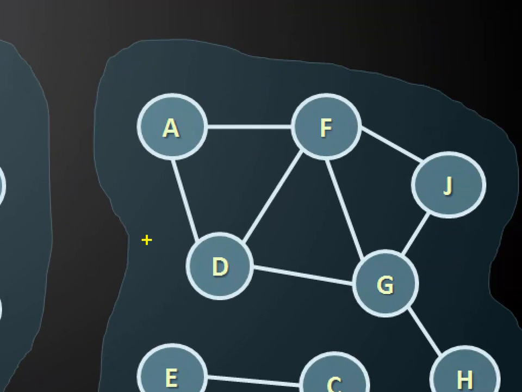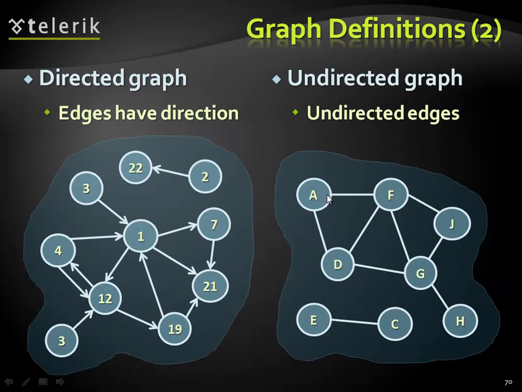For example, here you can go from A to D and from D to A. That reminds me that actually an undirected graph is just a directed graph with an edge like this and an edge like this. Two-way edges. So yeah, an undirected graph is basically a directed graph with each of the edges pointing in both ways. So having 2 edges between 2 nodes in the graph, which point in opposite directions.